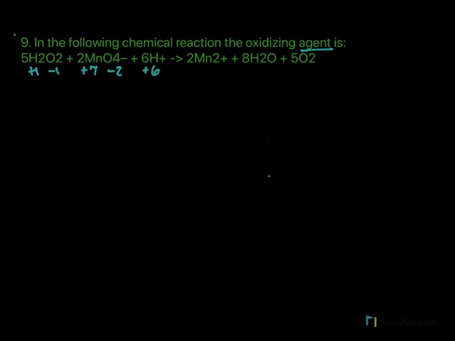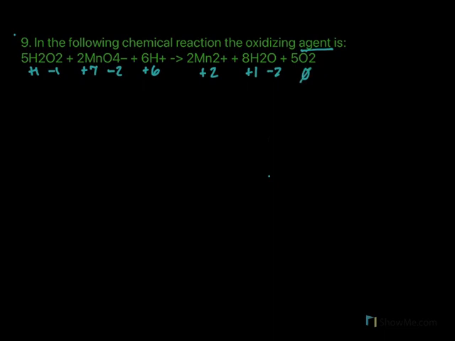This is +6. Again, anything that is an ion with a charge will automatically be its charge. And then we've got water, so we've got -2 and +1. And then this is a free element, so this is a charge of 0.